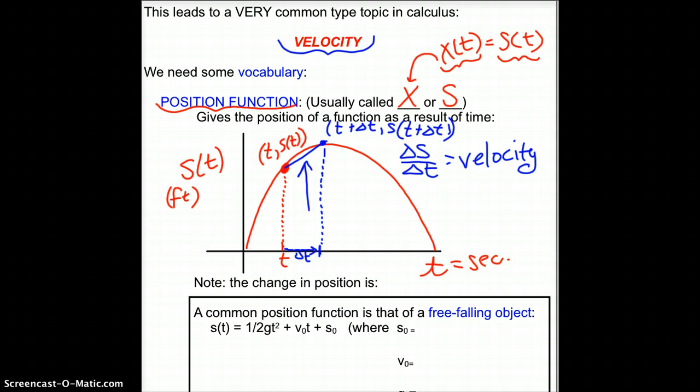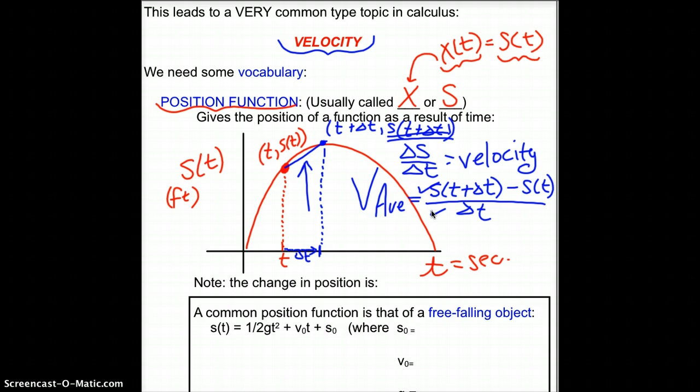So sometimes we'll say that the average velocity, and I like to call that v sub av, would be, all right, change in position. So this is where it currently is at a change in time. Where did it used to be? And then over my change in time. This is just change in distance over change in time. That gives me an average.